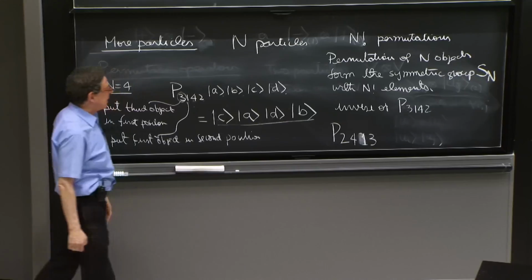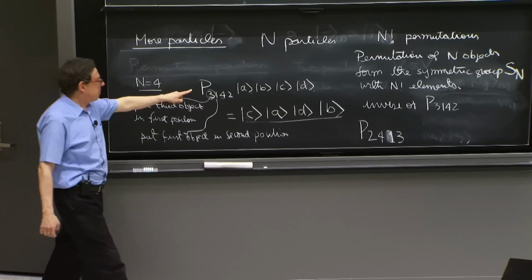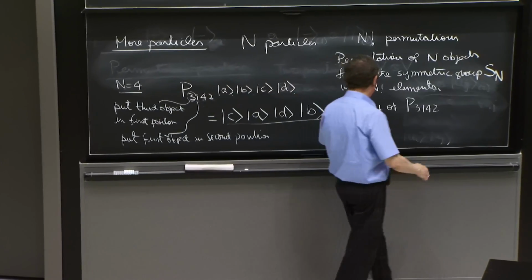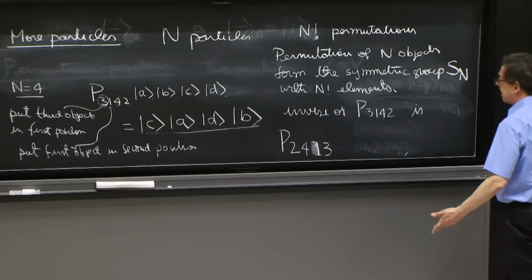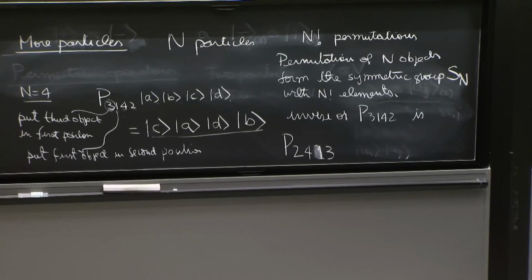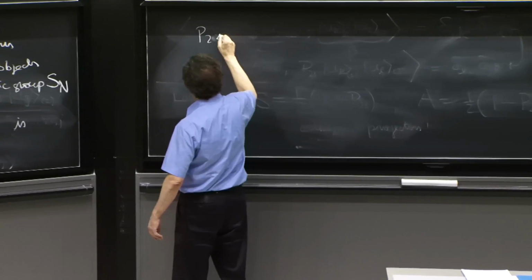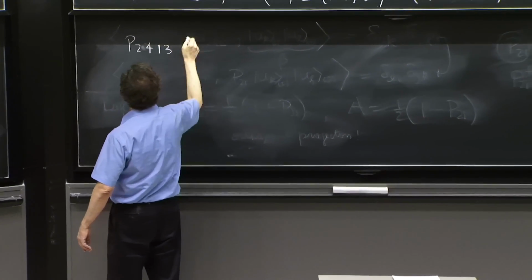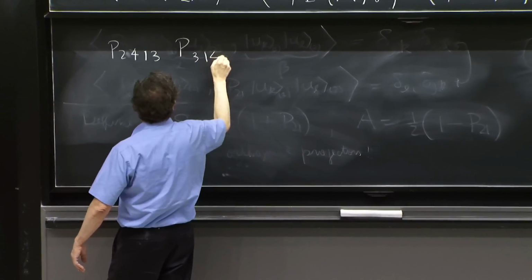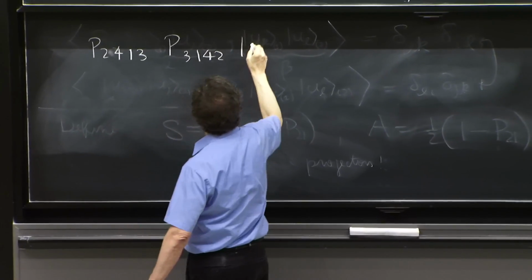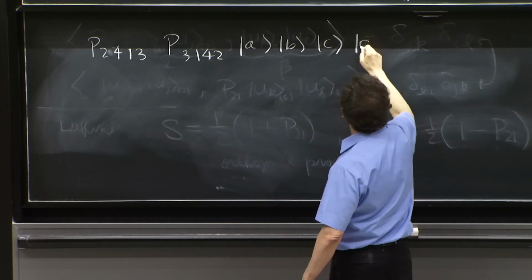So I claim that is the inverse of this operator. P2413 is the inverse of this. So you can check it again: P2413 times P3142. You just do it on A, B, C, D.